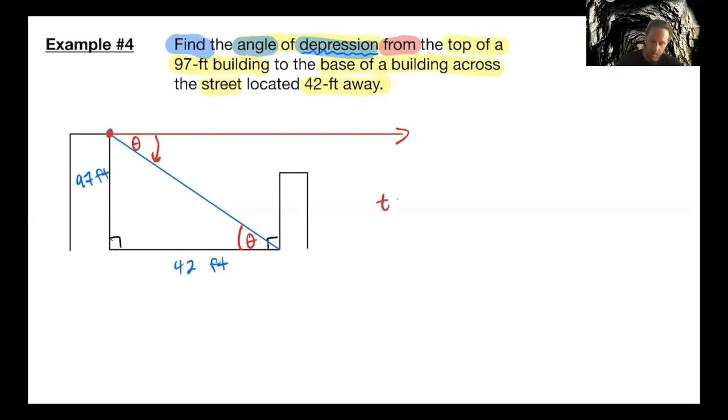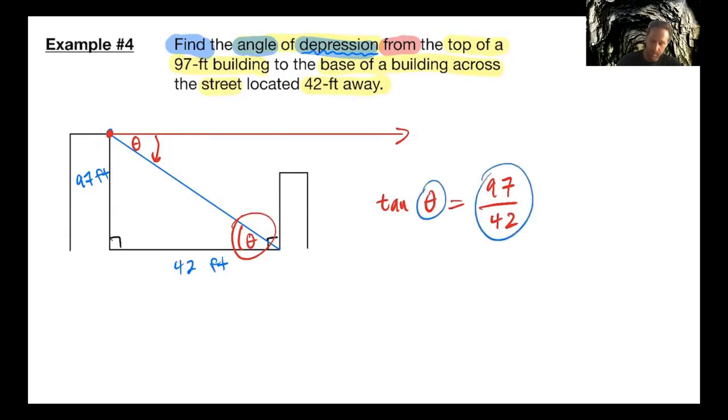Yes, you were right. We are going to use tangent of that angle theta, but I'm going to use it here. So the opposite is going to be 97. The adjacent would be 42. And a lot of you, unfortunately, probably had that reversed, which the reciprocal would be cotangent. Okay, so be careful. Lots going on here.